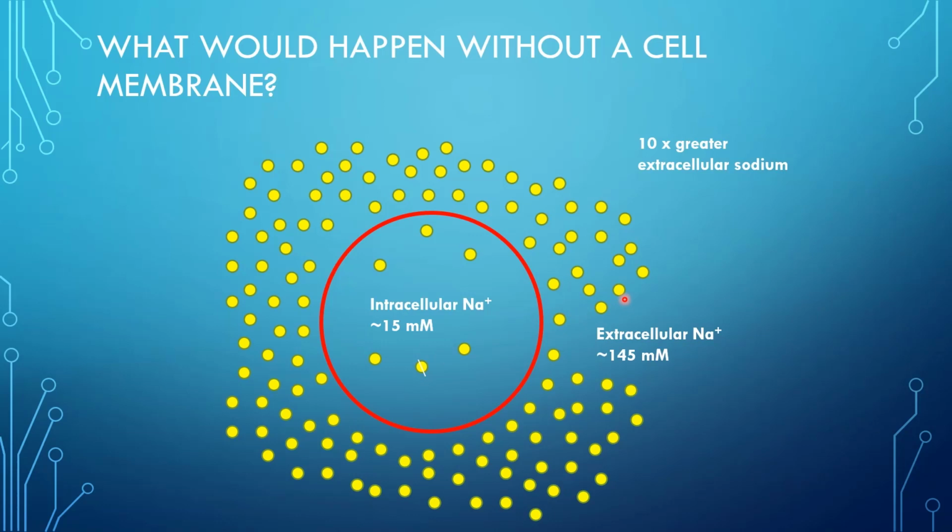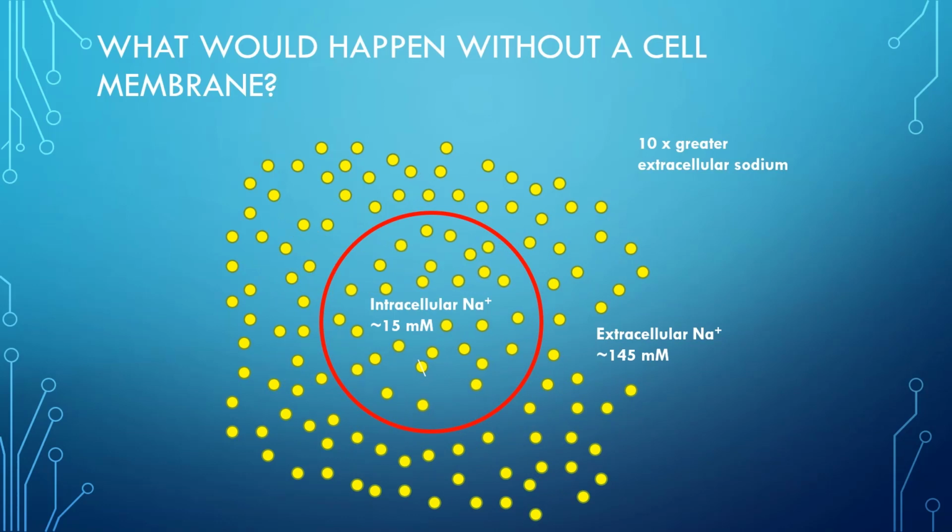Should want to push these inside of the cell. And in fact, if the cell membrane didn't exist, that's exactly what would happen. They would spread out as evenly as possible within the brain. But instead, they're sitting and waiting. They're holding this charge, this amount of energy. It's this difference between the inside and the outside of the cell.